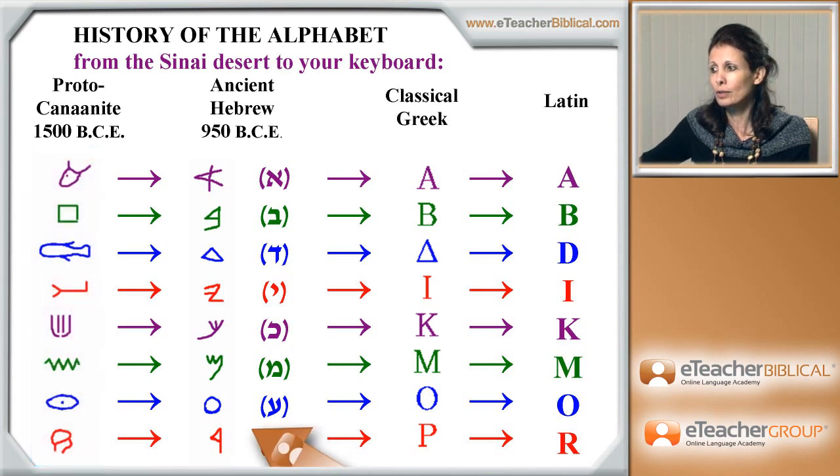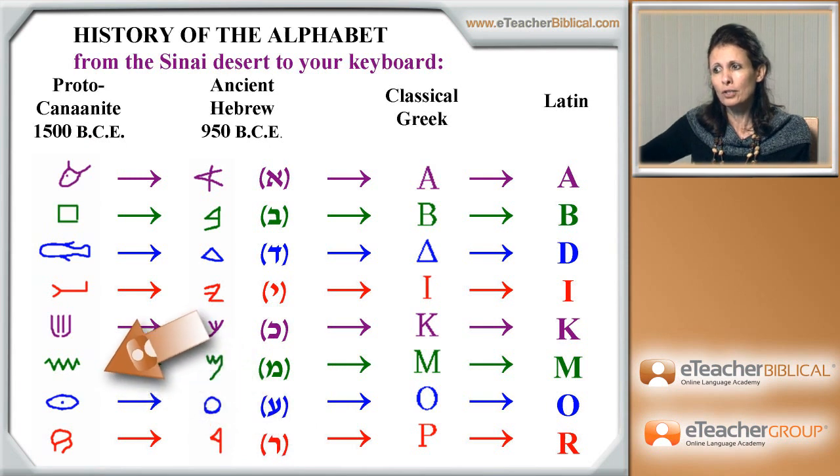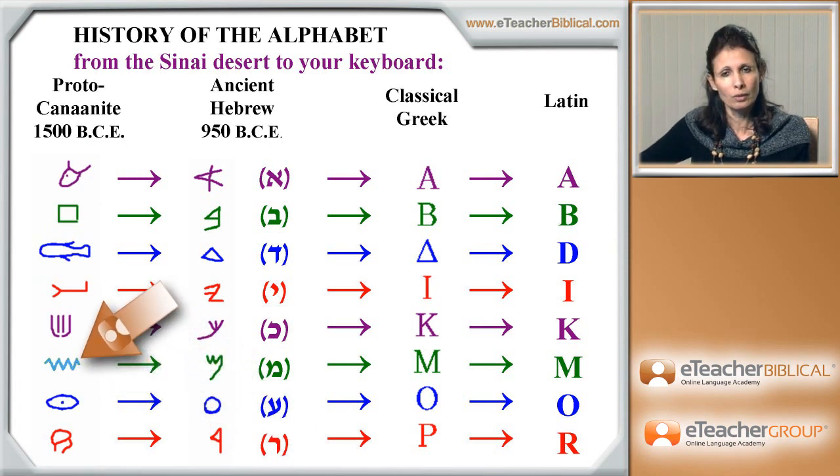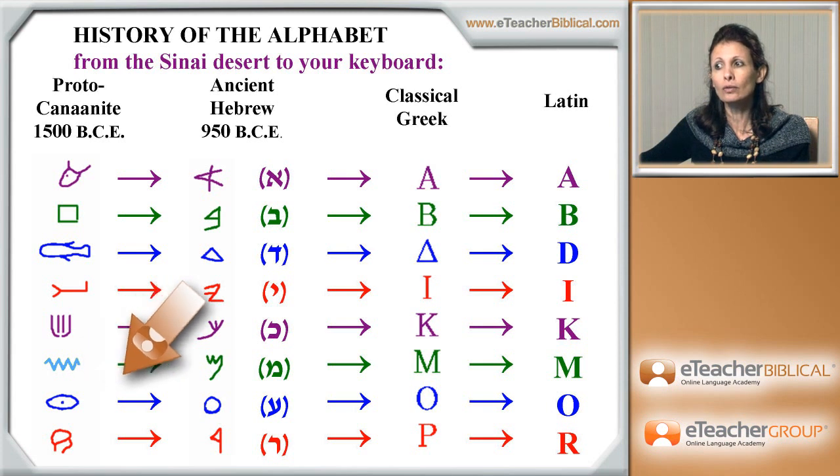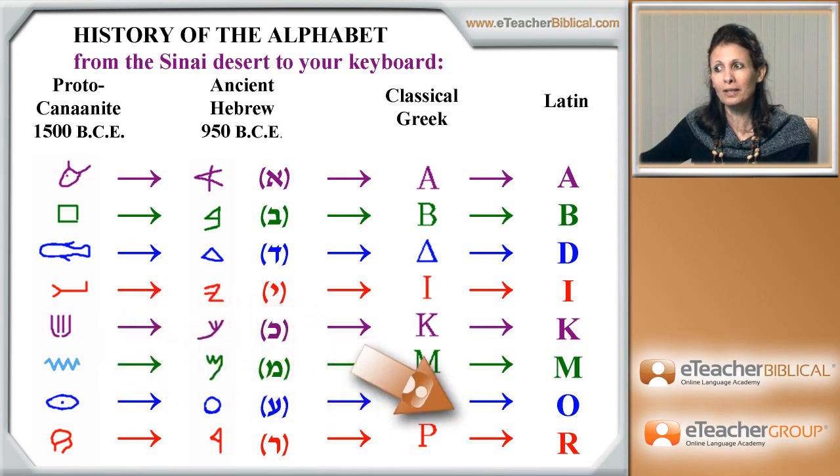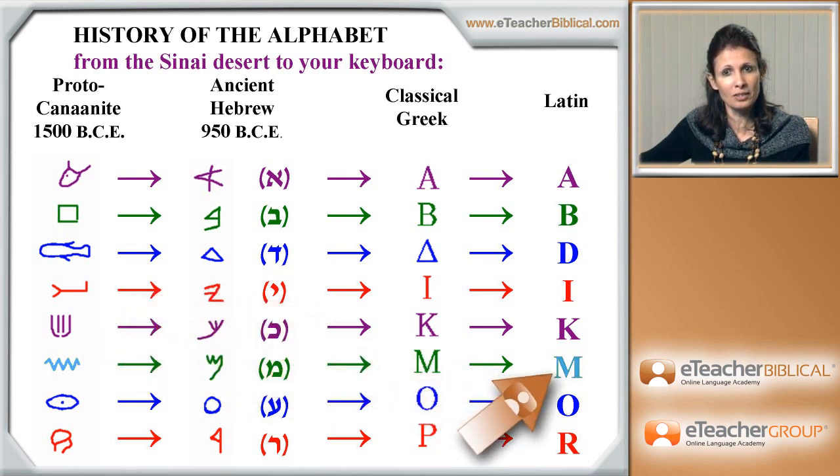For example, you can see here the picture that looks like water. Water in Hebrew is mayim. The Proto-Canaanite took this drawing, which looks like waves, like water, and that's what they drew to represent the sound of m. Now, can you tell me that this does not look like the letter M in English?